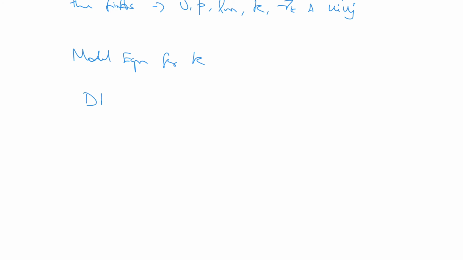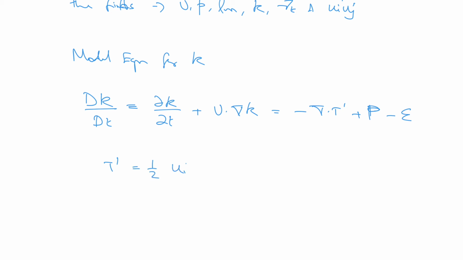It is like dk by dt, the total derivative, so dou k by dou t plus u dot del k, which is equal to minus del dot t dash plus capital P minus epsilon, wherein this t dash is half of ui dash uj dash uj dash plus ui p dash by rho minus 2 nu u suffix j dash sij.